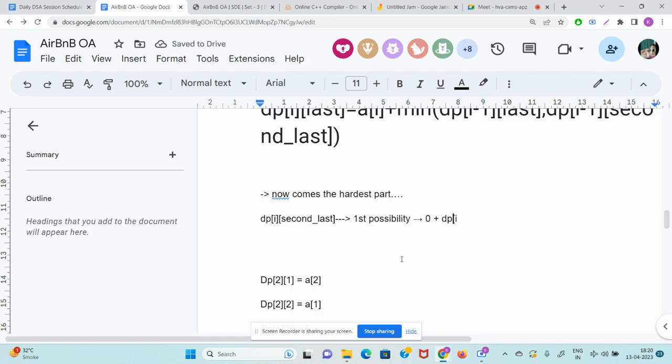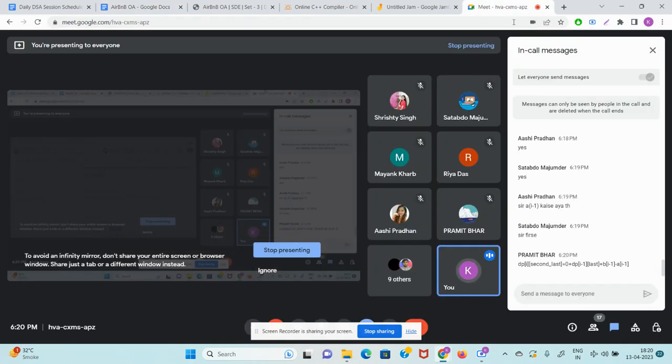First possibility is 0 plus dp of I minus 1 last plus b of I minus 1 minus a of I minus 1. Guys, the first possibility I will explain again, but has everyone written in the chat? Only Pramit has written, what are others doing. I will now again explain.